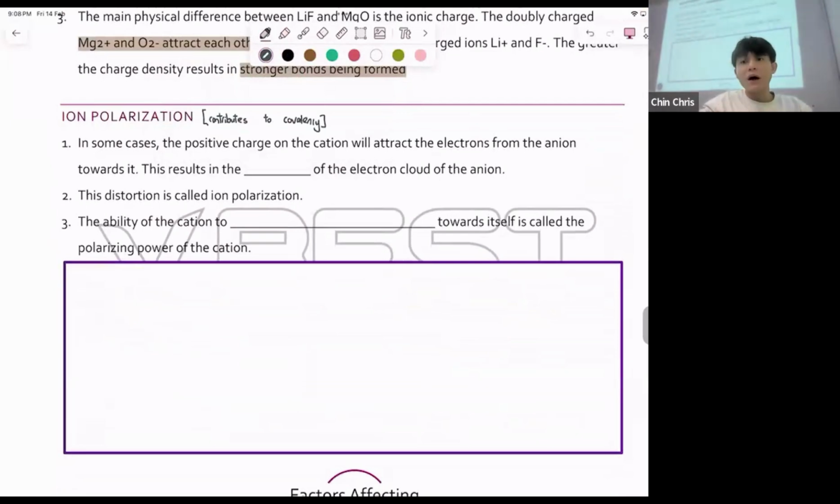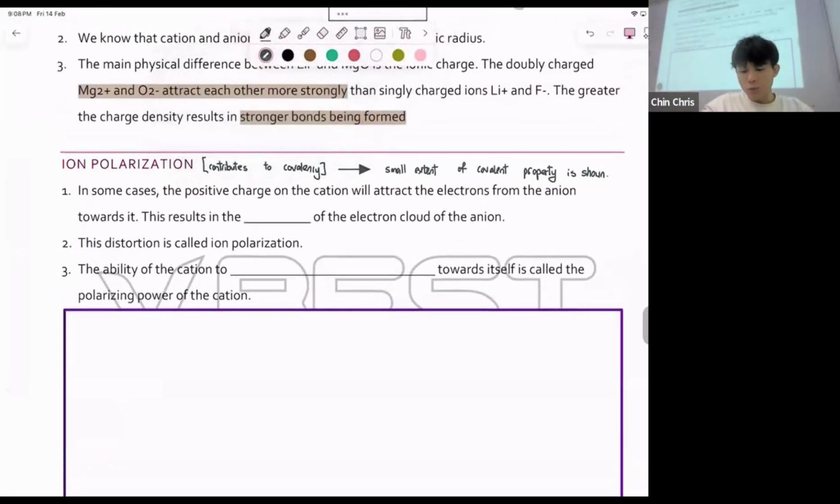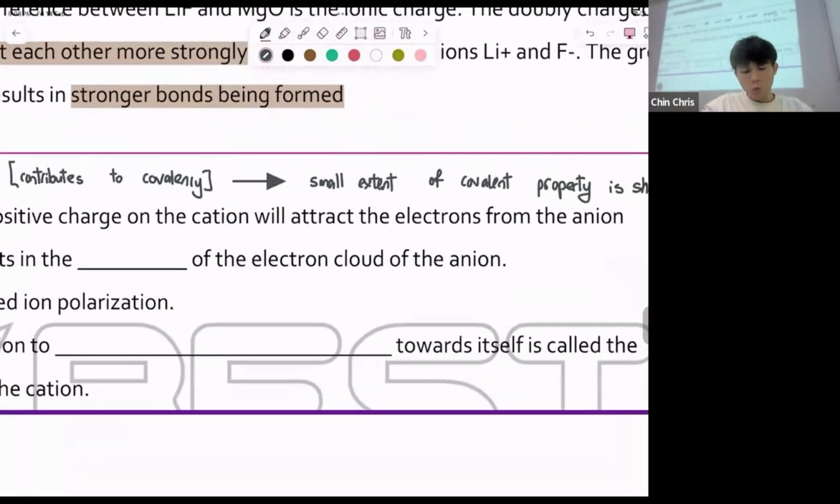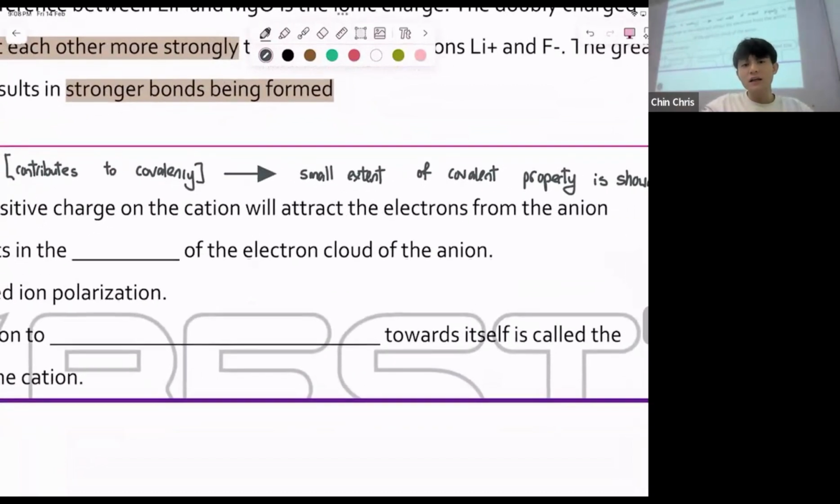Which means, right, guys, when ion polarization occurs, you have some small extent of covalent bonding, of covalent property shown. Understand? Okay, so it contributes to covalency. So when ion polarization occurs, you see some covalent effect, some covalent property.